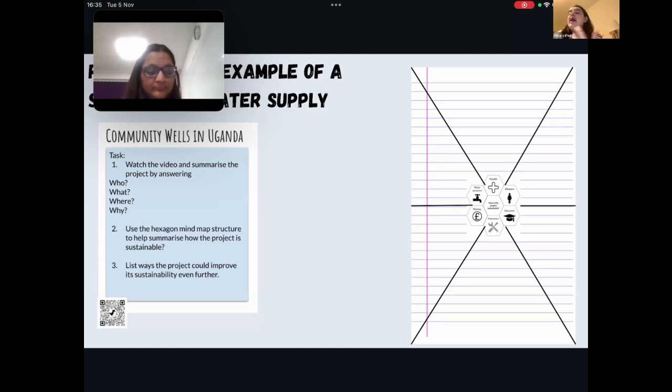Having wells in the village, rather than women spending many hours collecting water, helps them spend more time in economic activities, making money, attending school or college, or doing other more productive work. That's really beneficial to them as well.